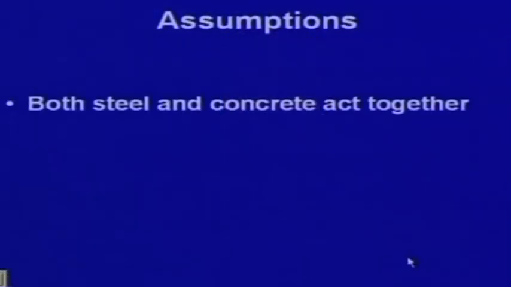So, what are the assumptions? That both concrete and steel act together, they work simultaneously, there is no slipping. That means the steel is embedded in concrete and there is no slipping.